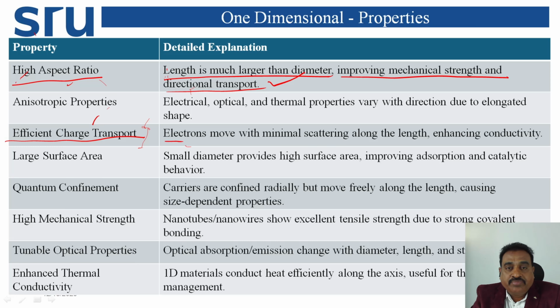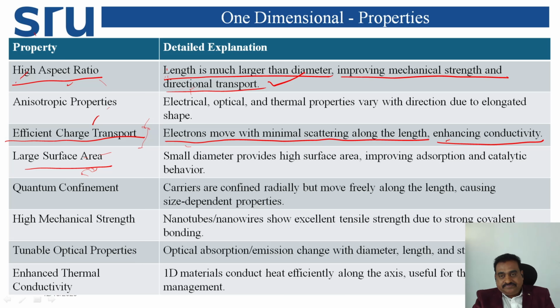You see here electrons move with minimal scattering along the length, enhancing conductivity. Due to the large surface area of one-dimensional nanomaterials, the small diameter provides high surface area, improving adsorption and catalytic behavior.